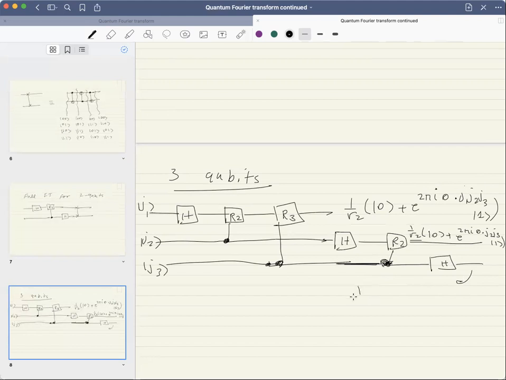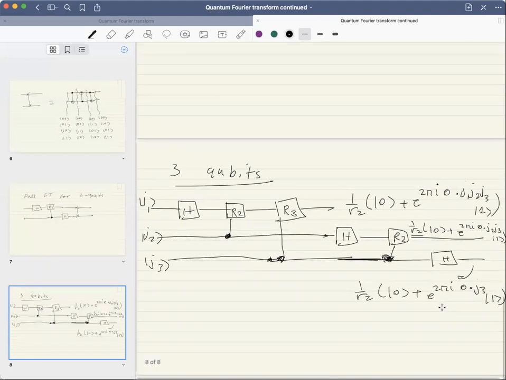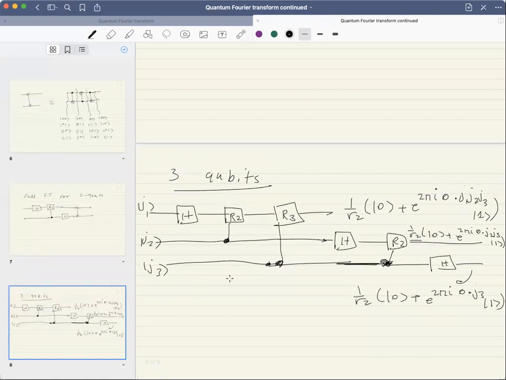And that gives me 1 over square root 2, 0 plus e to the 2 pi I point J3, state 1. So this again produces the correct states, these 3 states that appear in the tensor product. Now the only thing I need to do, if I continue this circuit, is that this state should be the state of the last one. And this state should be the state of the first one, so I can do a swap between the first and last to fix the order.